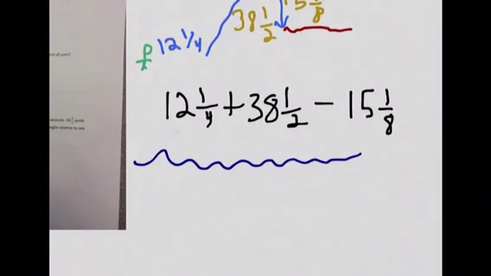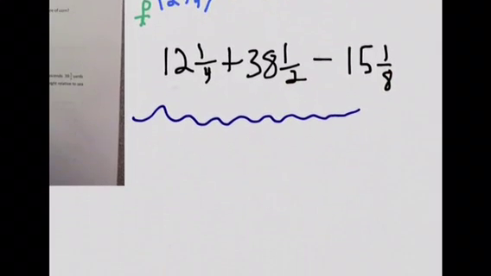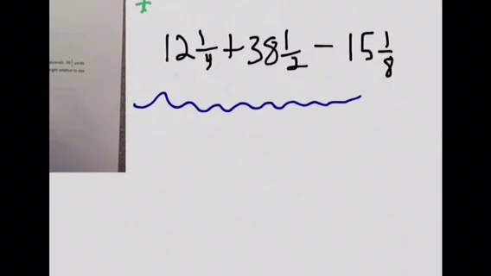So what we'll need is the same denominator in each one. I'm going to model something similar to this down here below this water line. I'm going to do 6 and 3.